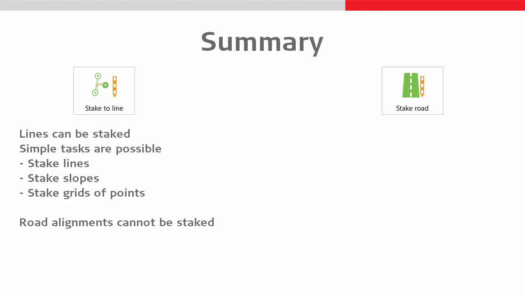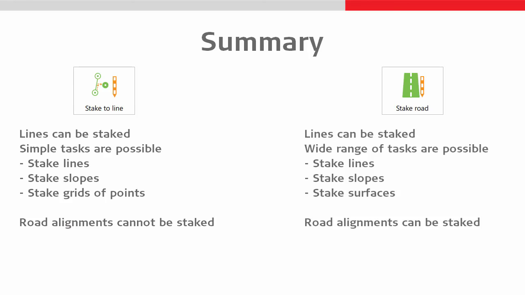Alignments from road jobs cannot be staked with this app. The Stake Road app allows both lines and alignments from a road job to be used. A wide range of tasks are supported, including the staking of lines, slopes, and surfaces, and there are numerous settings and tools available within the app.